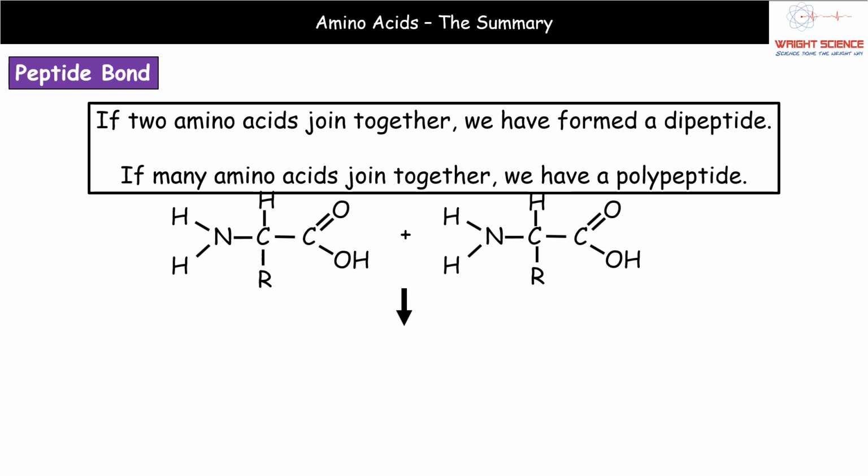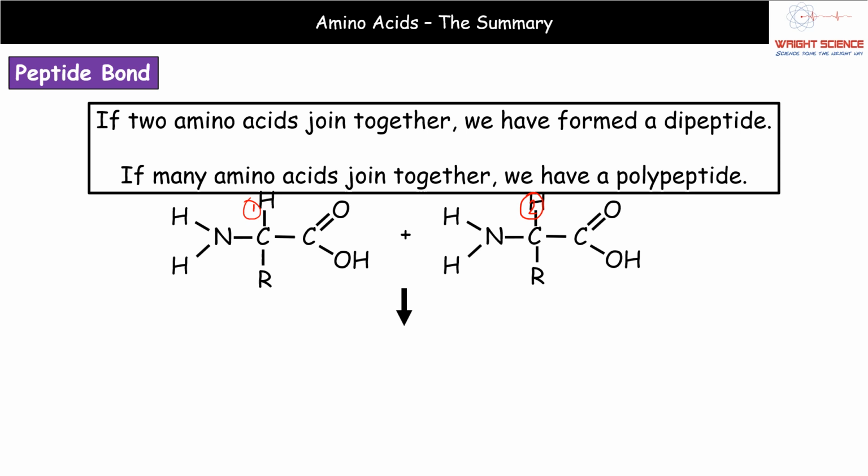If we have a look at our first example then, we're going to have a look to see how these two amino acids join together to form a dipeptide. So at the top you can see that we've got our two amino acids. So this is our first amino acid, here's our second amino acid.